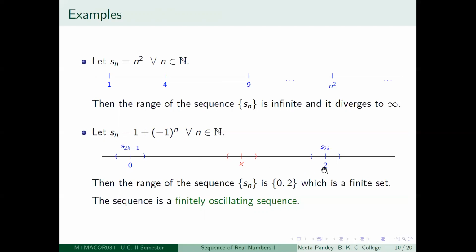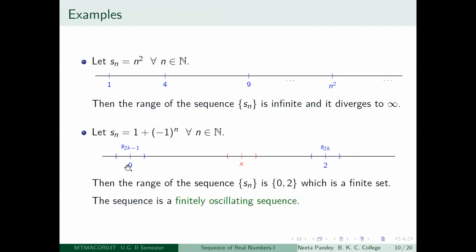So that is 2. So notice that this minus 1 to the power n is going to be minus 1 if n is odd and 1 if n is even. So Sn is always going to take the value 0 when n is odd, which we have shown in the picture, and it is always going to take the value 2 when n is even.